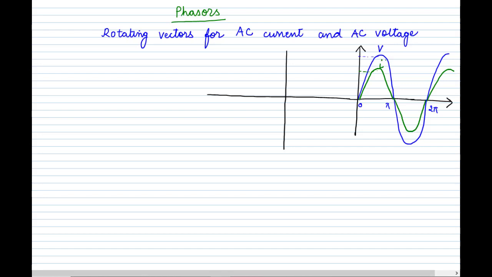We have done this already, so it is clear. On the x-axis we have omega t or theta: 0, pi, 2 pi, and on the y-axis we have voltage or current. This is the magnitude of I, so we draw a horizontal line for this current I. So this is our current I and this is our voltage V.